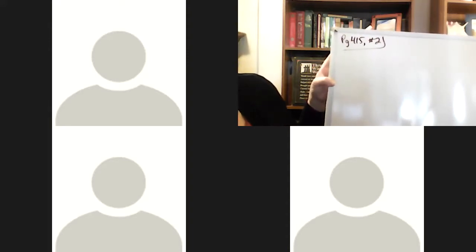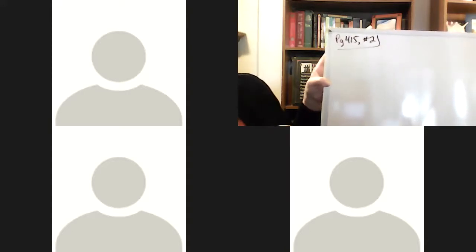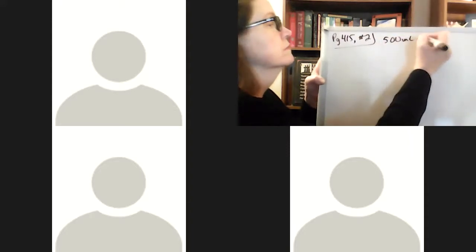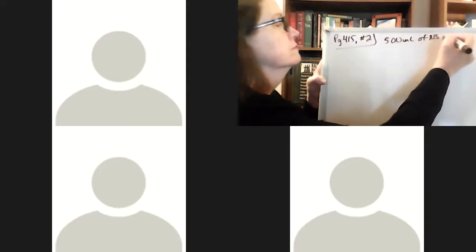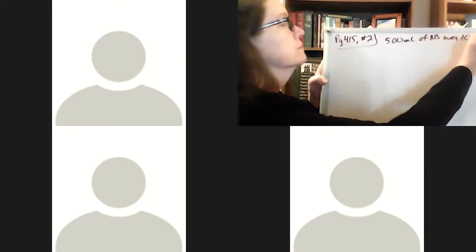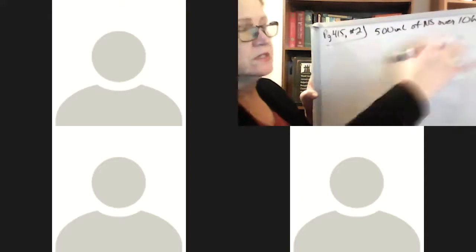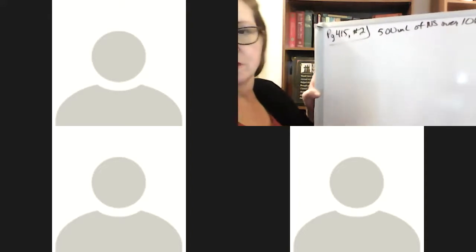So infusion rate, we're looking for milliliters per hour, right? We don't know how many drops because it doesn't say anything about the administration set.